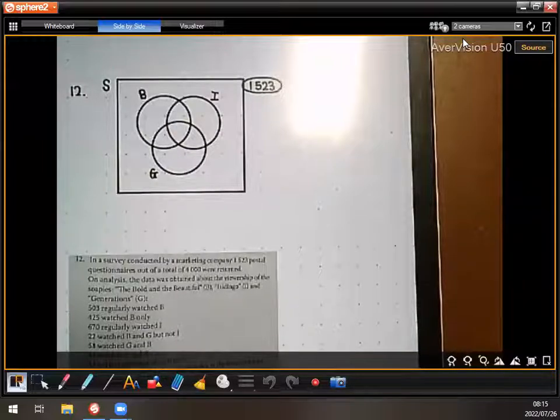And it includes this section. B and I include this, and this one is G and I. Okay, but it doesn't include some of the other ones. So what would these be?